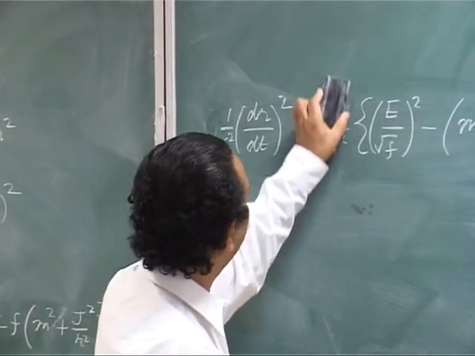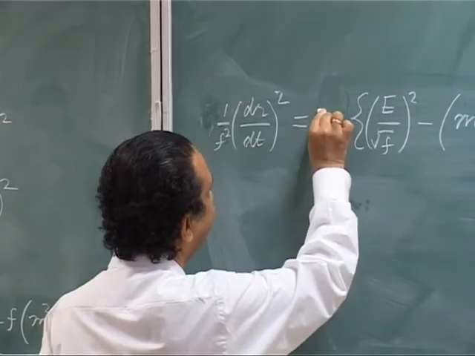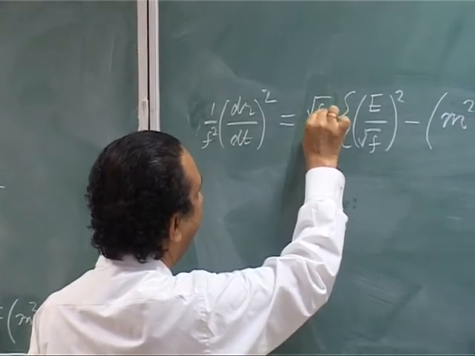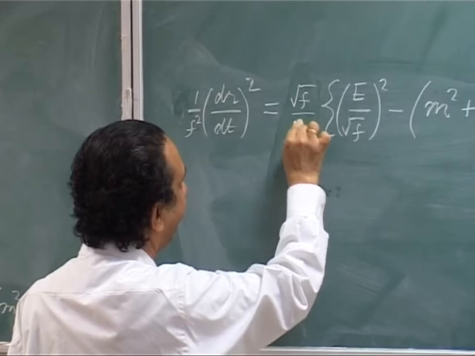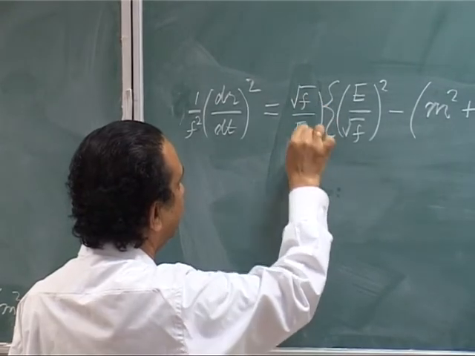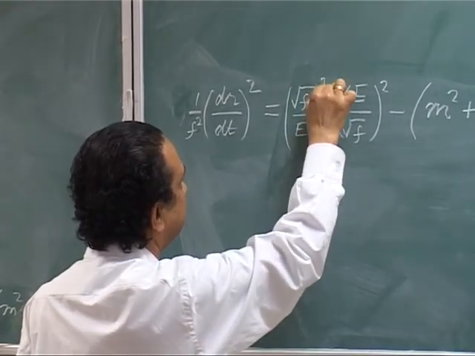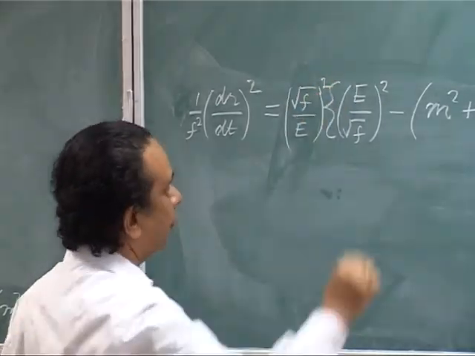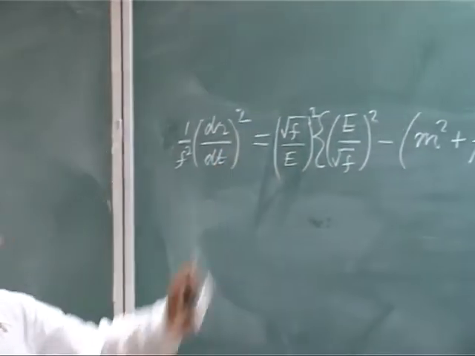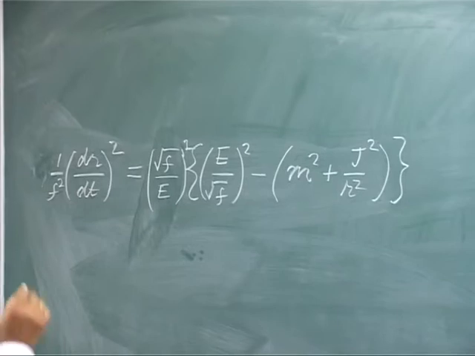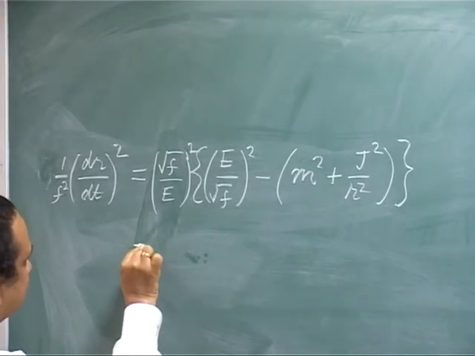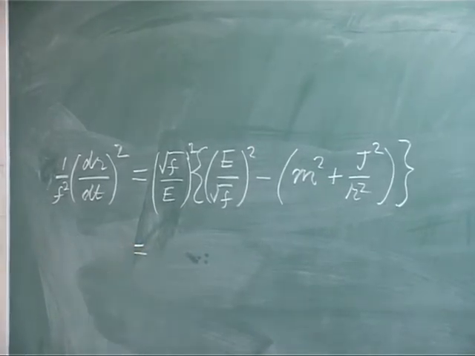So, this again I will write as root f by e, the whole square. So, here is a e over root f, here is a e over root f. The left hand side I will write in a slightly different way again.